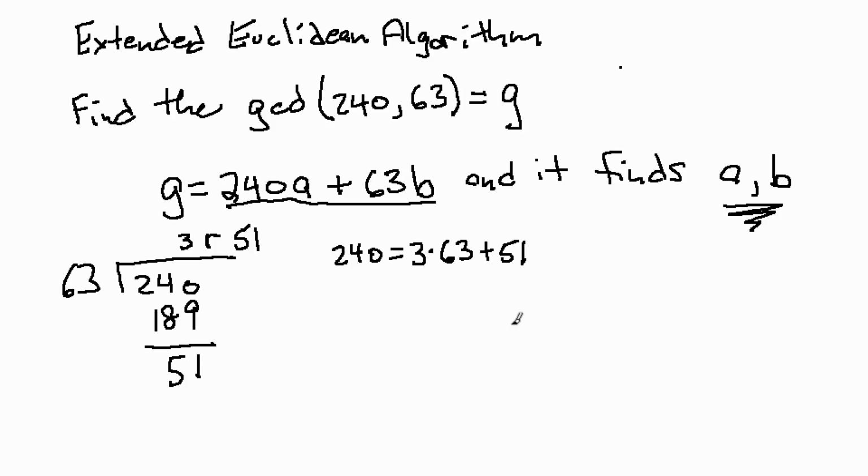Okay? So that's step number 1. The next thing I'm going to do is repeat this whole process again, but instead of with 240 and 63, I want to repeat the process with 63 and 51. In other words, 51 goes into 63 1 time, and it's got a remainder of 12.